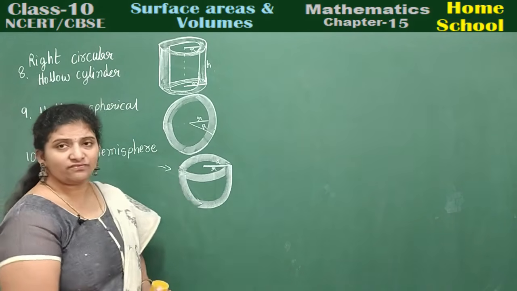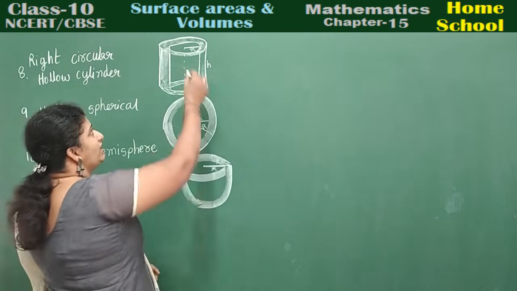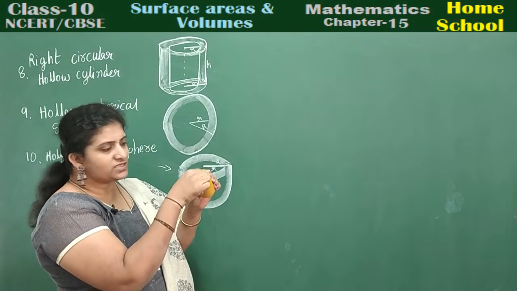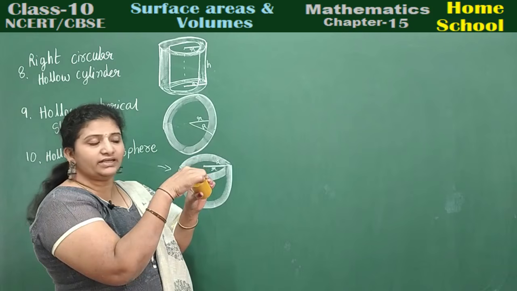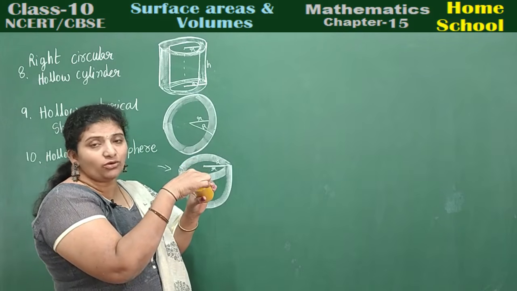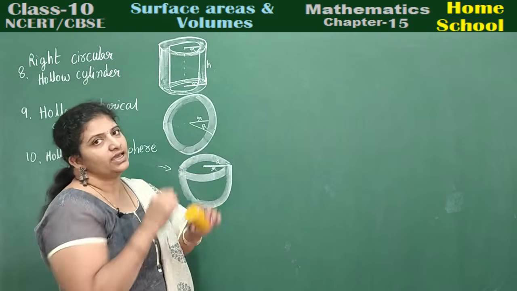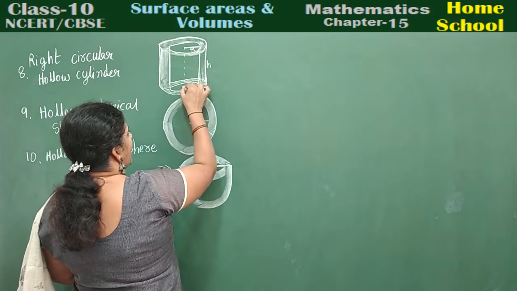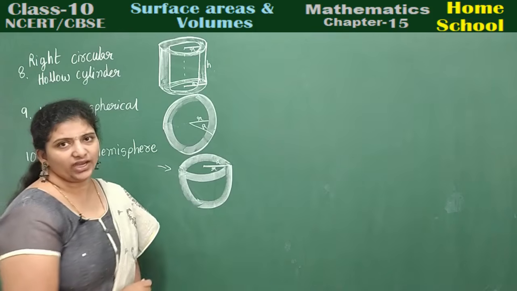What are the dimensions we use here? It will have two radii. From the center to here, it is the small radius. And from the center to the outer circumference of the circle, it is capital R. Look here, this is the inner radius and this is the outer radius.